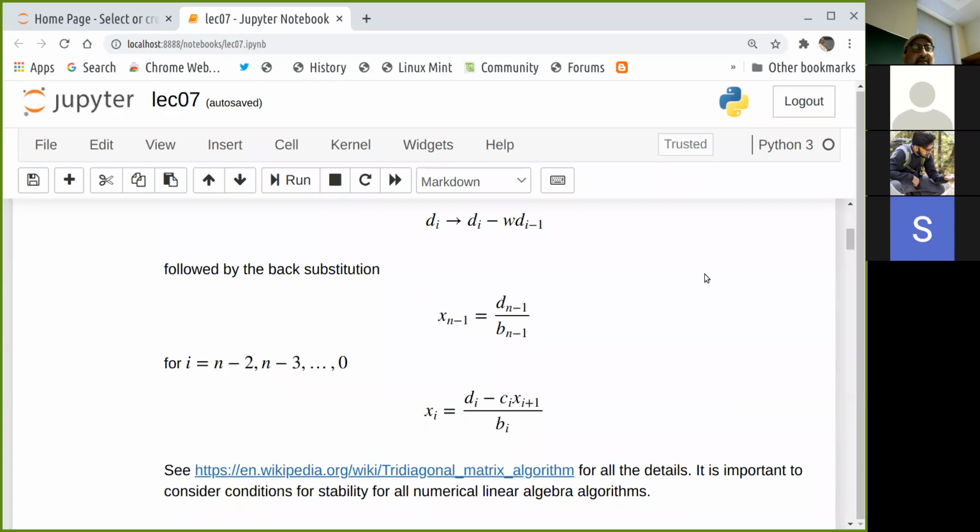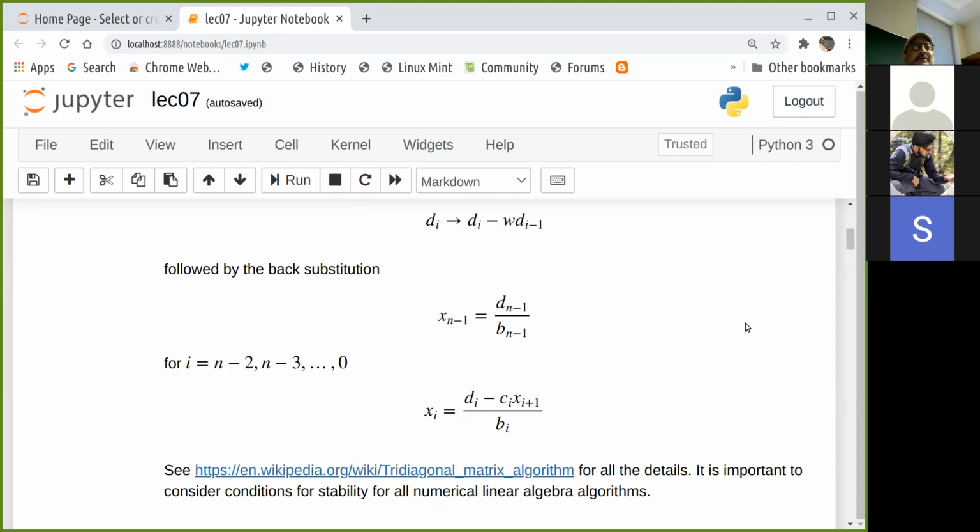So in addition to this algorithm, people might be doing other things to make sure that you don't have those types of problems. And people have also worked out that for particular algorithms, under what conditions we are guaranteed to have stability of the numerical algorithm? So it's important to look those up before you use one such algorithm.